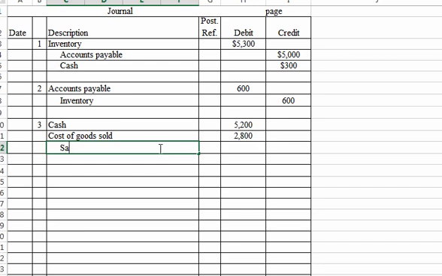And we're going to credit sales for the sales price, $5,200. And we'll credit inventory for the $2,800.